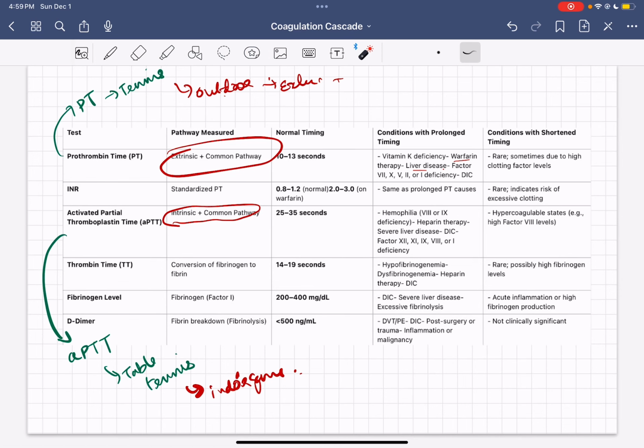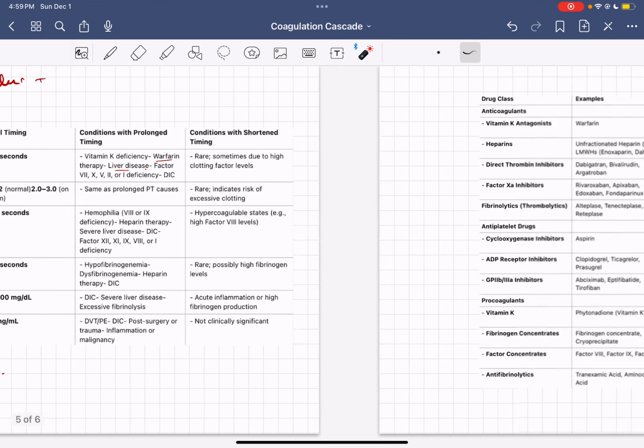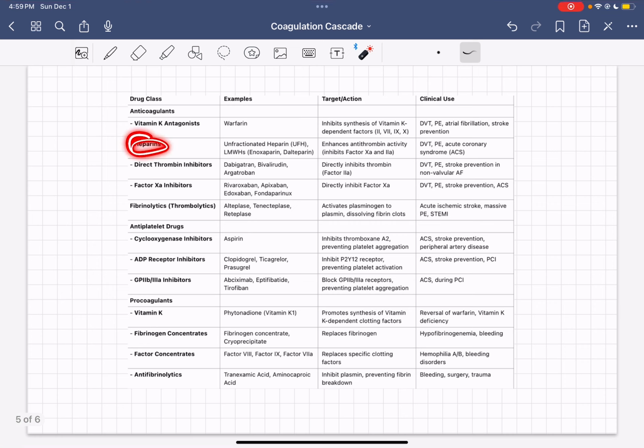Whereas let's take heparin. It is going to enhance the antithrombin activity, inhibiting your thrombin 2A and your factor 10A, which is part of the common pathway. Whereas your direct thrombin inhibitors are going to directly inhibit factor 2A. You can check for the examples here.